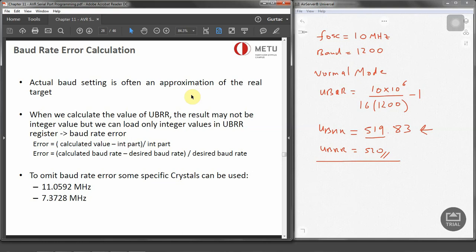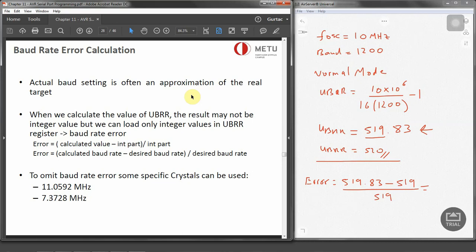The error can be calculated as the calculated value, which in this case is 519.83, minus the integer part, which is 519, divided by 519, and this will give us our error rate.